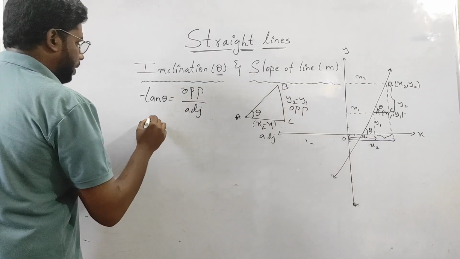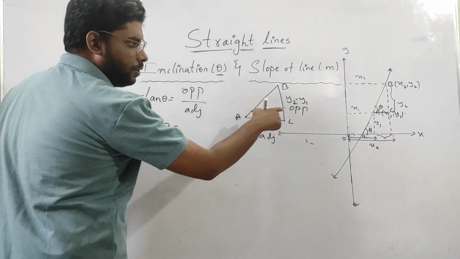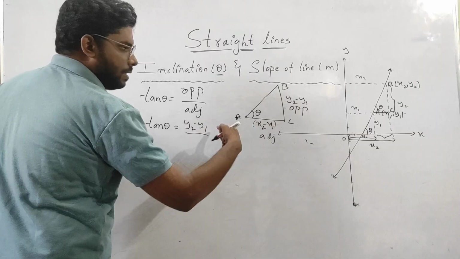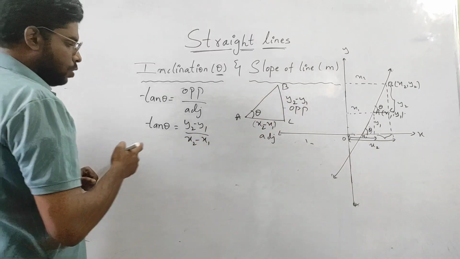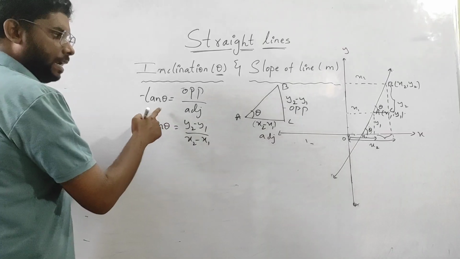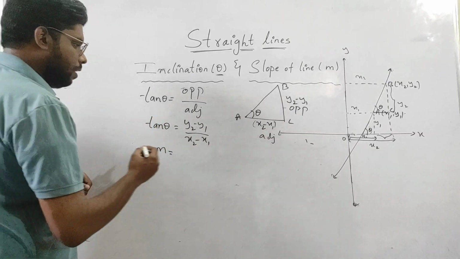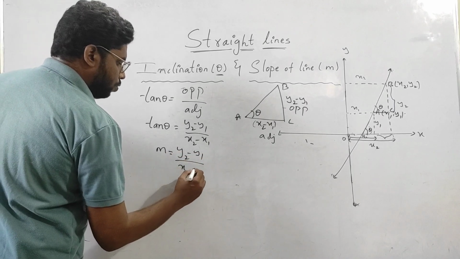Now tell me, tan theta is equal to opposite. What is the opposite side? It is y2 minus y1, divided by the adjacent side, x2 minus x1. Previously we discussed that tan theta is nothing but the slope m. So m is equal to y2 minus y1 by x2 minus x1.